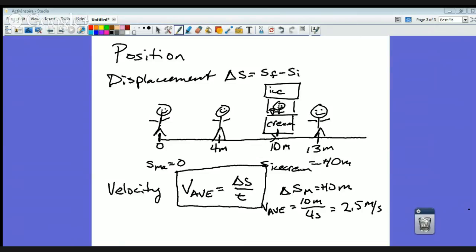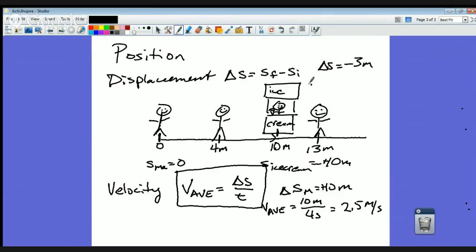Now, for the person that was to the right, they have a negative velocity. For this person over here, their change was negative 3 meters, and maybe they did that in, let's say, 2 seconds.